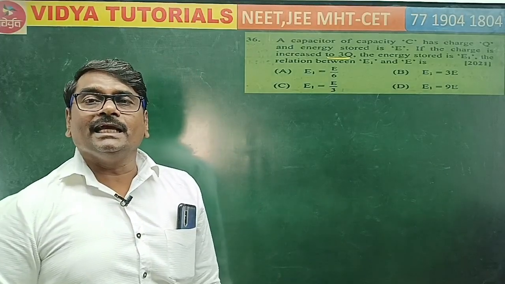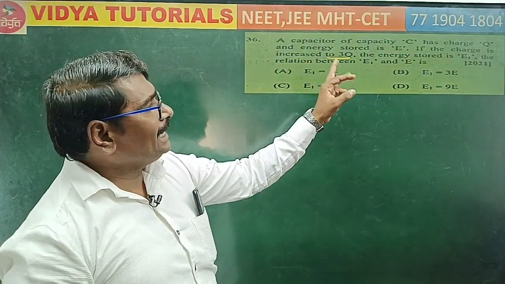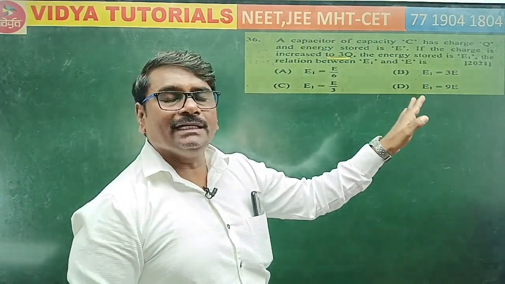How do we find the relation between E and E1? That means E1 equals how many times E?